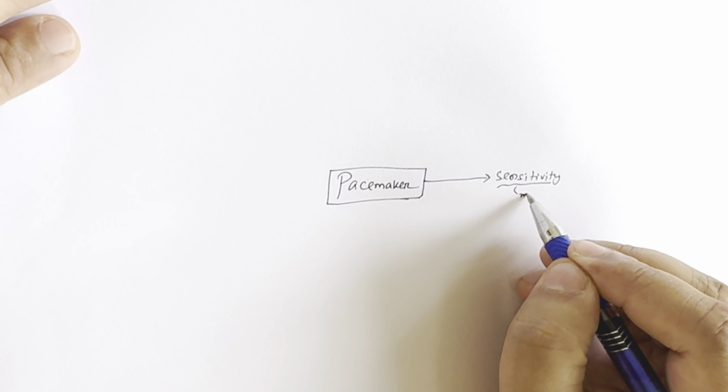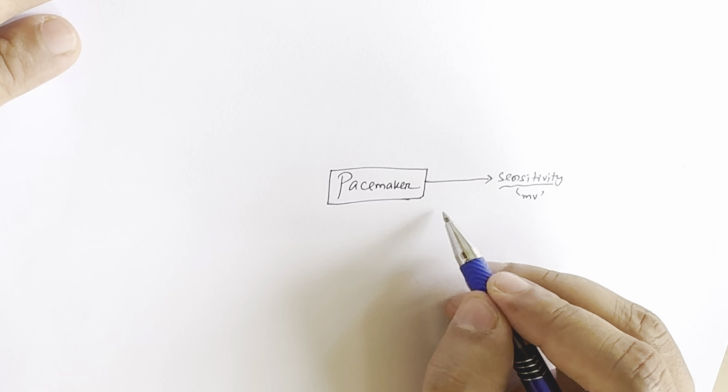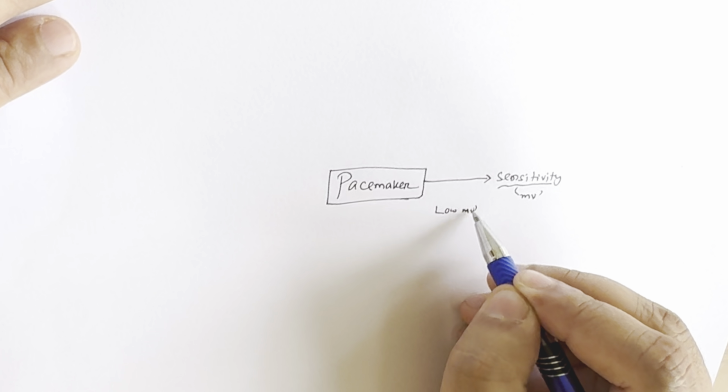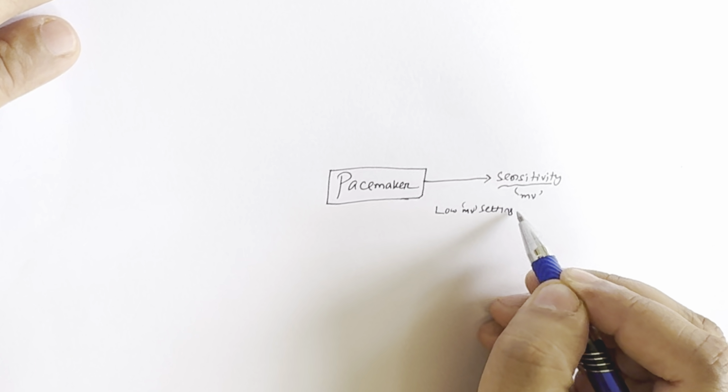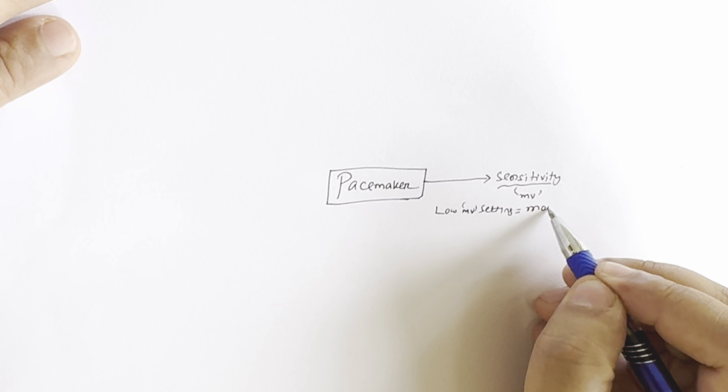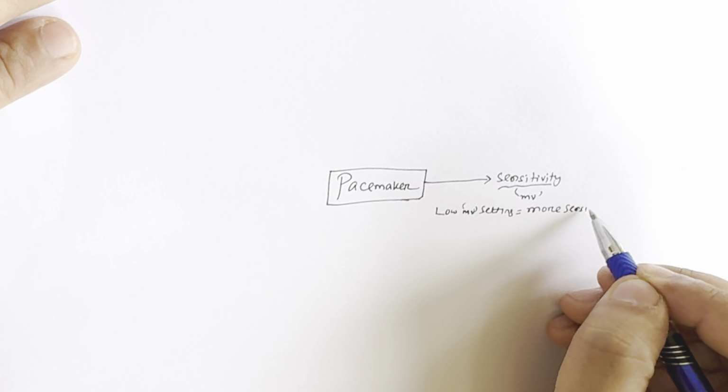It is measured in millivolt. So a low millivolt setting means it is more sensitive. How? I will explain.